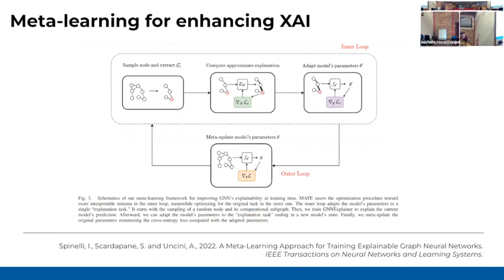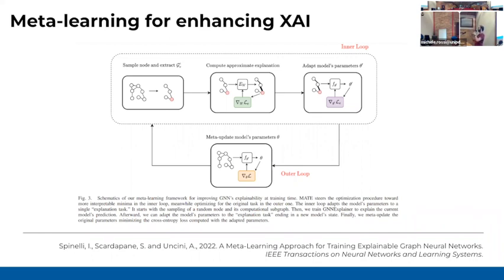But the key idea is that you have a bi-level optimization task. I don't know if you know a little bit about meta-learning, but the key idea is that you want to optimize a graph neural network. So you want to have high accuracy, but you also want that if I try to apply, I don't know, GNN Explainer on top of that, GNN Explainer should work very well.